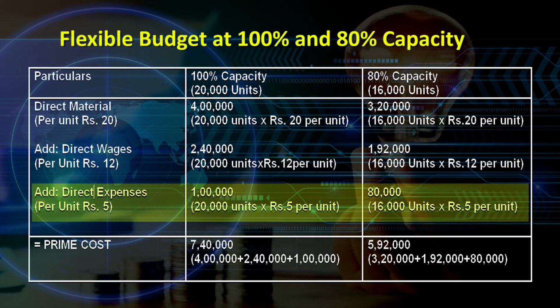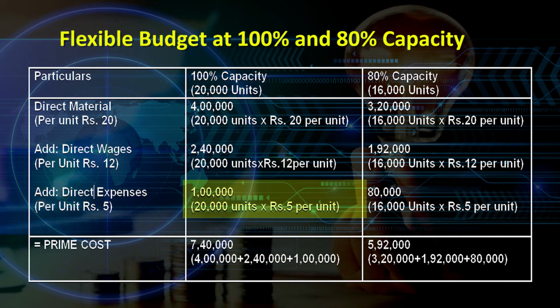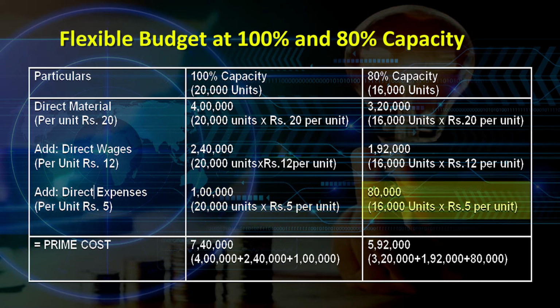The third cost to be added now will be direct expenses, which is given to be rupees 5 per unit. Accordingly, for 20,000 units at rupees 5 per unit, the direct expenses will be rupees 1 lakh, and for 16,000 units at rupees 5 per unit, it will be rupees 80,000.